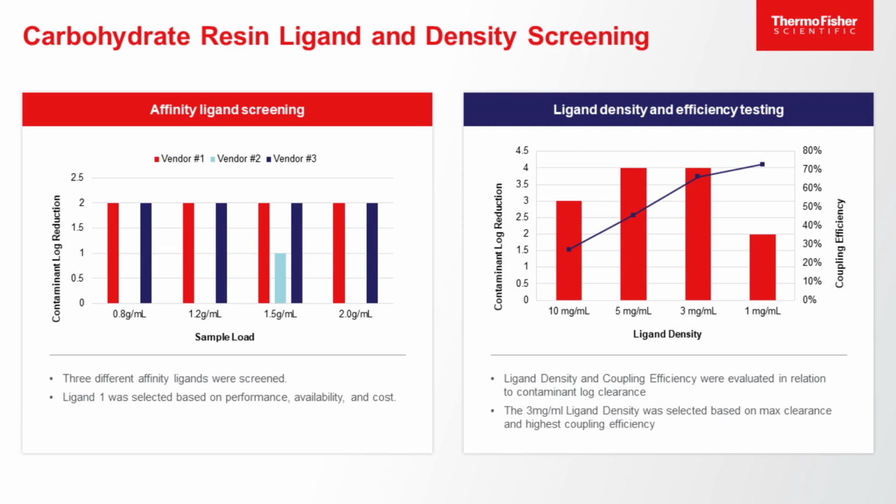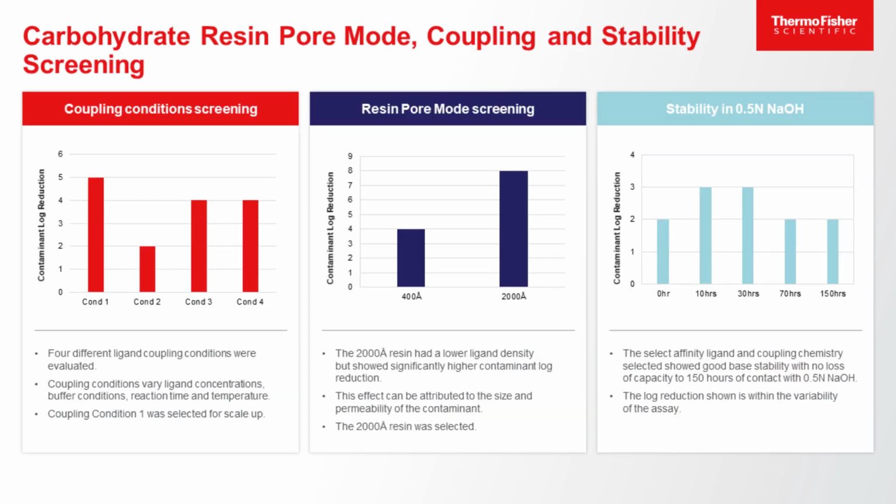This graph clearly shows that at, let's say, 3 mg per ml, we had, let's say, the highest coupling efficiency, equal contaminant log removal as the 5 grams per liter ligand density, and outperforming the 1 gram per liter ligand density. So the 3 grams per liter ligand density was selected based on maximum clearance and highest coupling efficiency, giving as well, let's say, the best contaminant log reduction of around, let's say, 3.5 to 4 logs.